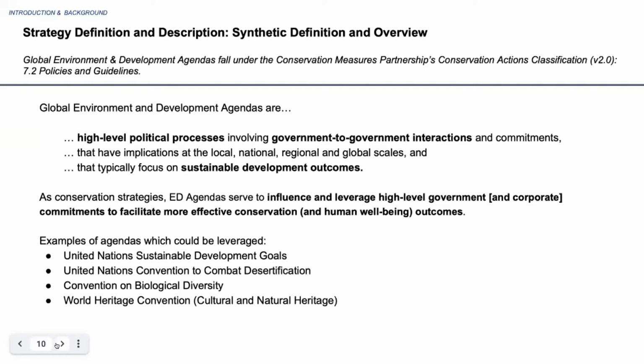Some examples of the agendas which could be leveraged: the SDGs, the Convention to Combat Desertification, the CBD, World Heritage Convention, UNFCCC, and there's many others. So we mostly focused on SDG, CBD, although you will also hear the case study we're talking about today is linked to UNFCCC.